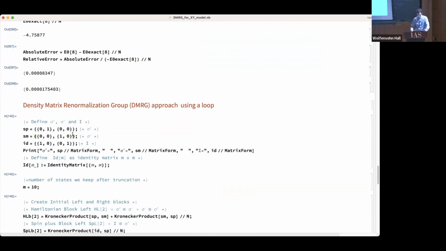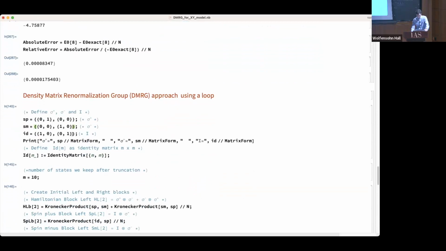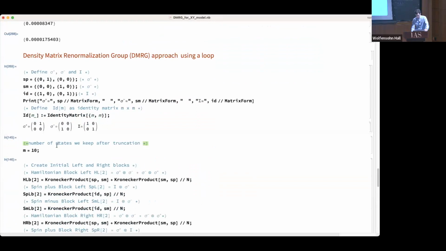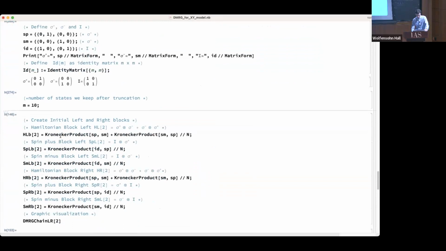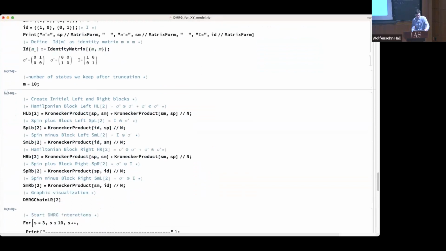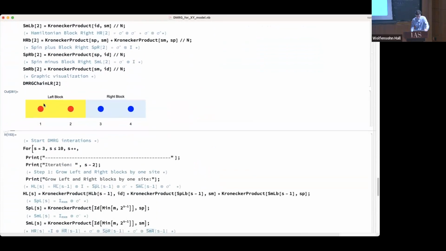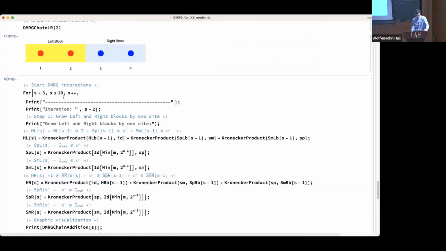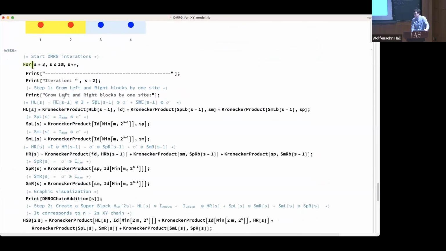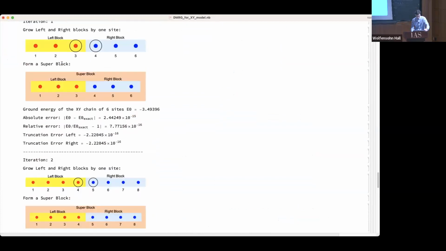And of course, I did it step by step just to explain, but I would like to write it using cycles. So I can just define my cycle, define my truncation size, say m equals 10. I start with this 4-site chain, but now I can just run a cycle, say to 10 sites. So now it will be in a cycle.